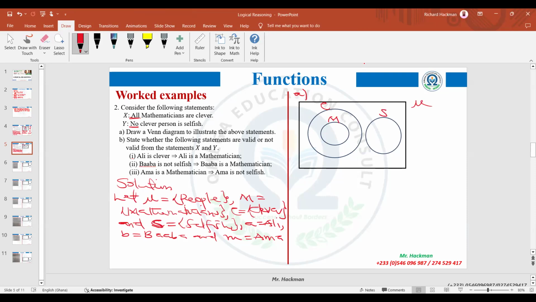Remember, the key is the Venn diagram, because that's what we are going to use. If your Venn diagram is wrong, obviously you started on the wrong foot.